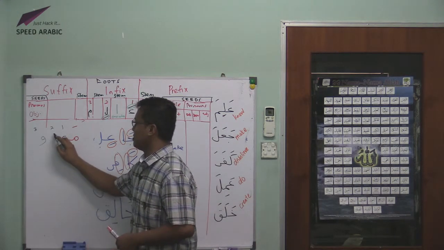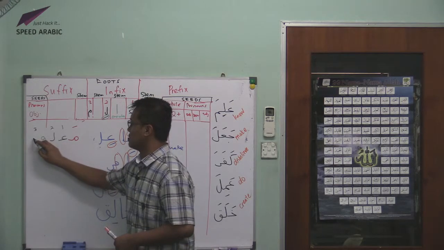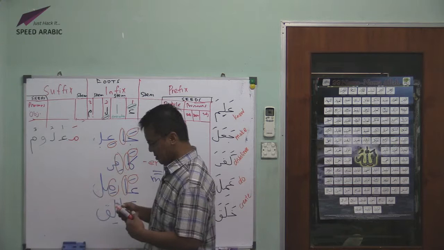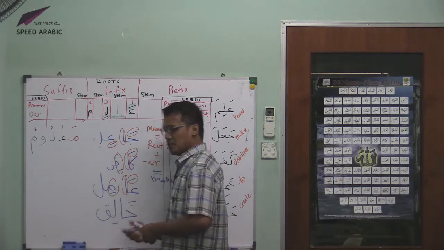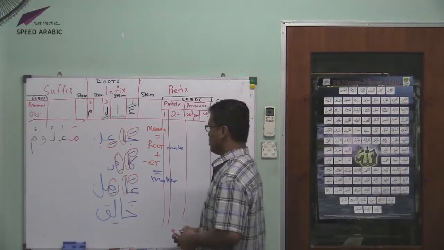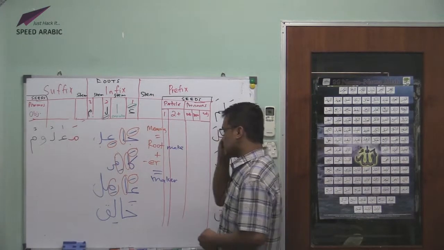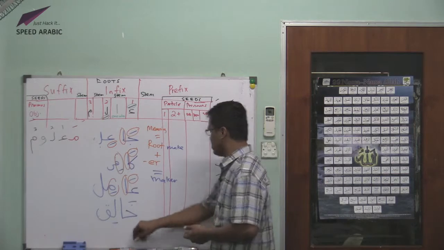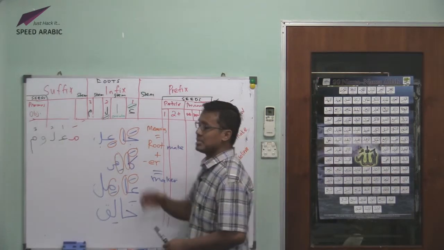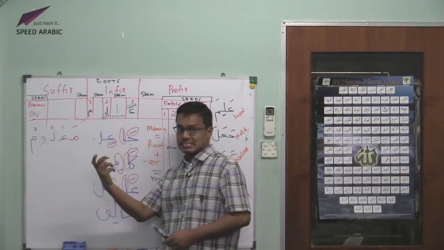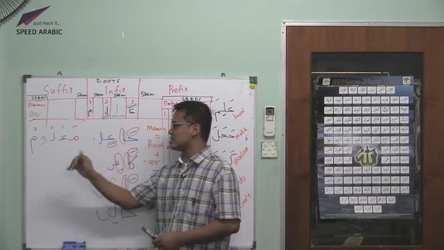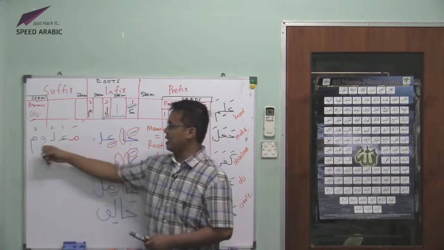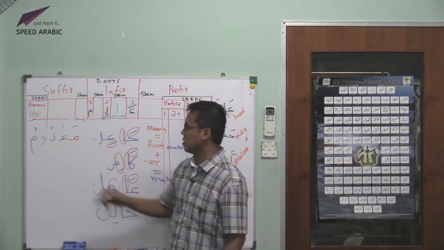Ain. Second root? Lam. Third root is mim. What do you get? Ma'lum. How do you know what's the meaning there? You know the meaning through knowing the meaning of the affixes. The affixes of ma and waw.